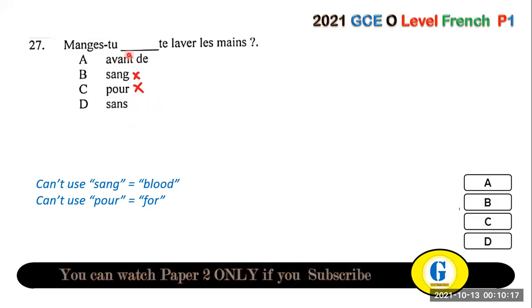So, do you eat before washing your hands? And are you eating without washing your hands? So this one is agreeable, but we preferably take avant de te laver les mains because of the question. We can still take sans, but it is less agreeable.